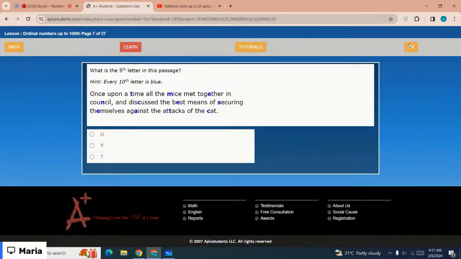What is the fifth letter in the passage? So, which is the correct option?